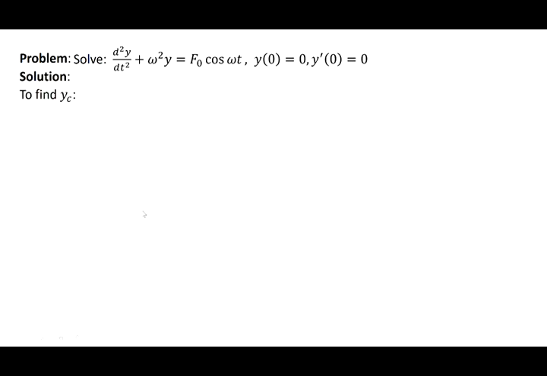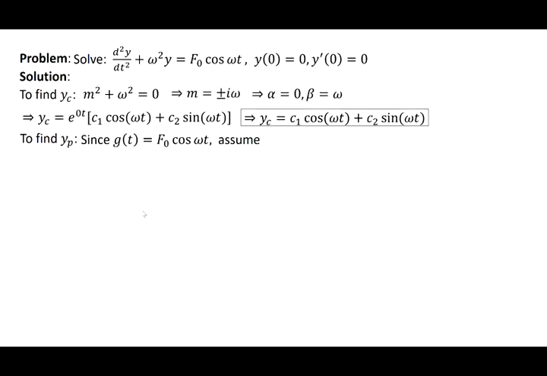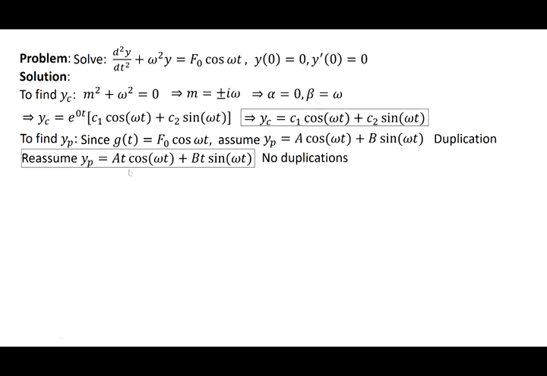I went through the whole process in a very similar way, figured out the y sub c and g of t. Notice this is now gamma equals omega. What happens if gamma equals omega is what we are looking at. And I went through this whole process. There is duplication, so we have to reassume, multiplying by t, because the independent variable is t, not x.